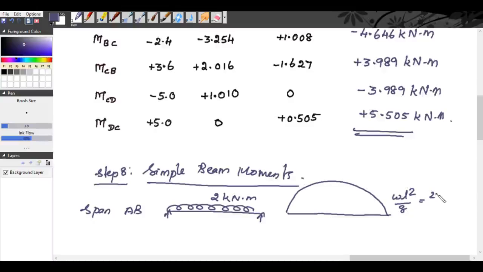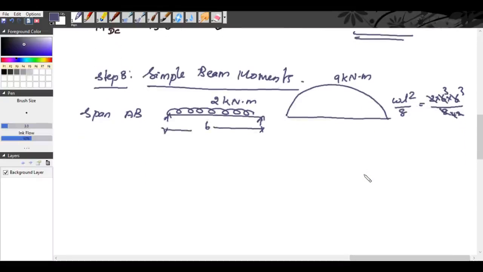So we get 2 into 6 square divided by 8, which is 9 kilonewton meter. Similarly for the span BC, we have a 5 kilonewton load at a distance of 3 meter from B, so totally 5 meter.